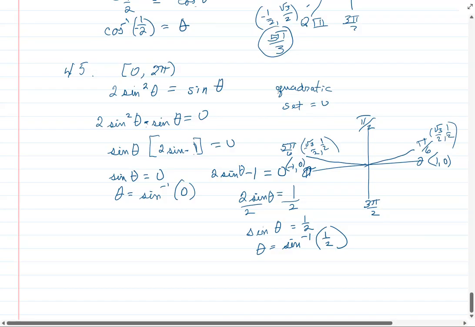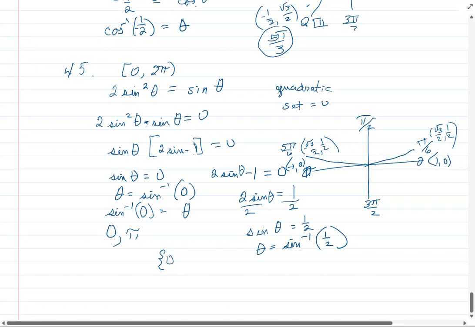So on the 0, we would have our 0 radians and pi. So our set would have 4 of them between the parameters that they gave us.